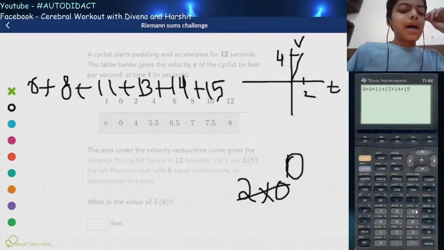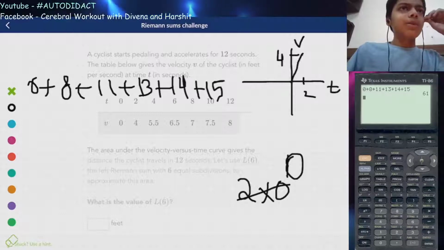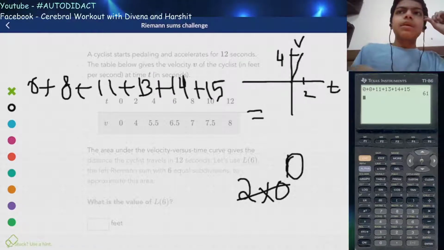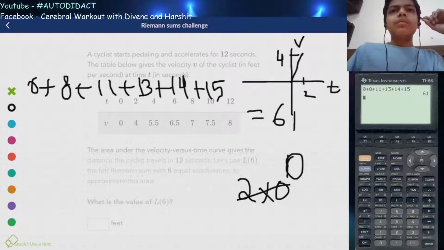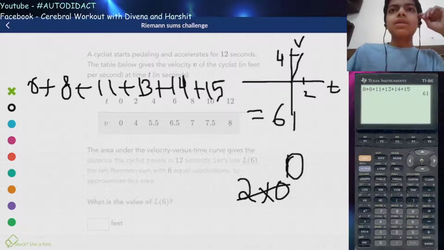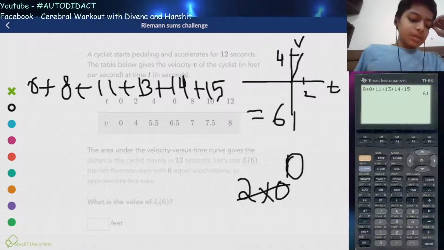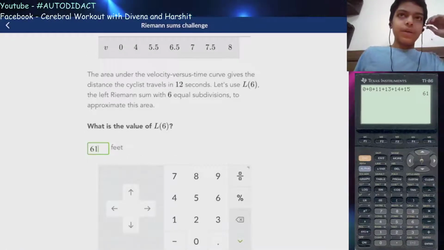Okay, so we just add these all. What will it become? It will be equal to 61. And what is the value of L of 6? It is equal to 61 feet. This is equal to 61.